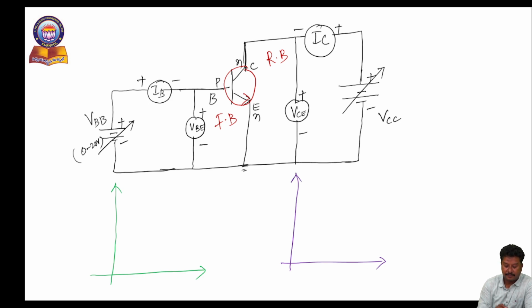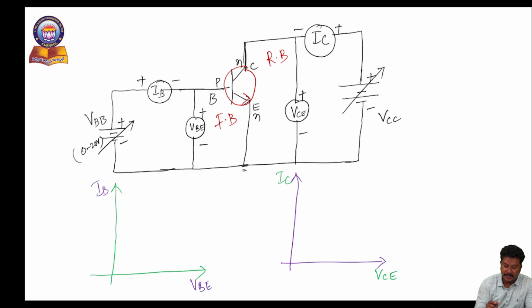If we carefully observe, the input characteristics are between input current and input voltage. Input current is IB, input voltage is VBE, and the output current is IC, output voltage is VCE.